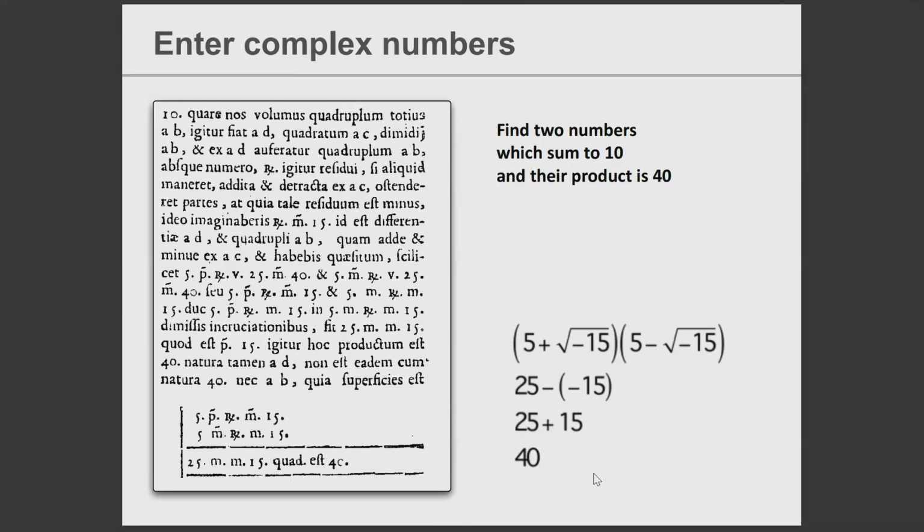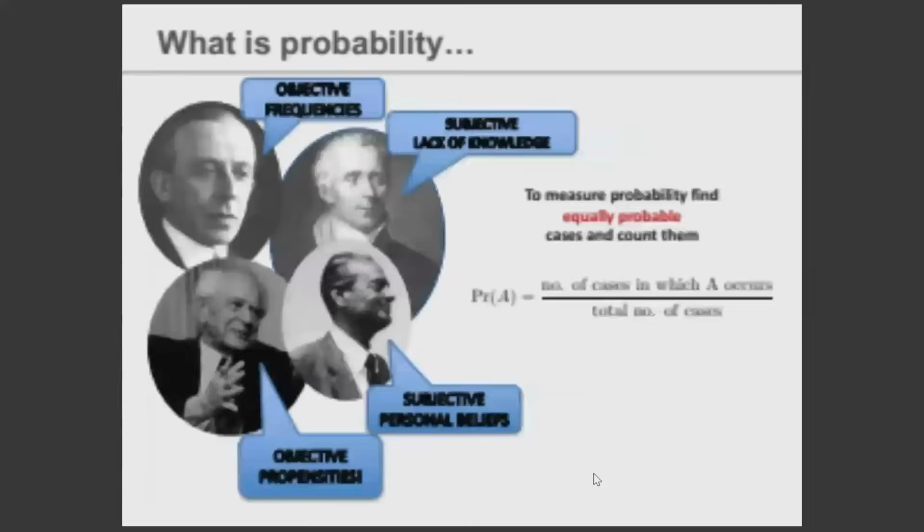He wrote down the square root of minus 15, which was the first complex number we know of that was written down in the history of mathematics. It was not the square root of minus 1, just the square root of minus 15. But he didn't like them. He thought those numbers were absolutely useless, and therefore he didn't pay too much attention to them.